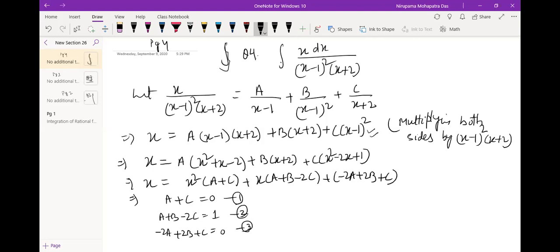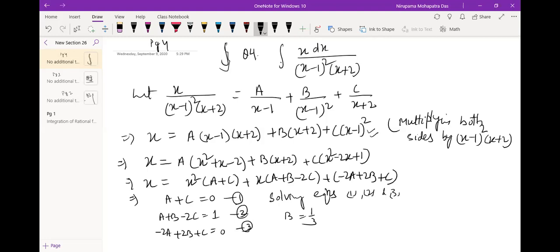Whenever you put x equal to 1, you are getting this is 0 and this is 0. So it means you will be getting 1 equal to 3b, so b equal to 1 by 3. So solving equations 1, 2 and 3, you are getting b equal to 1 by 3.